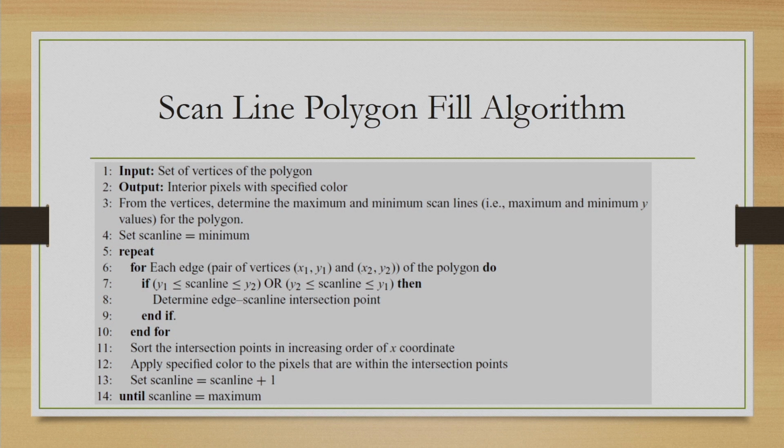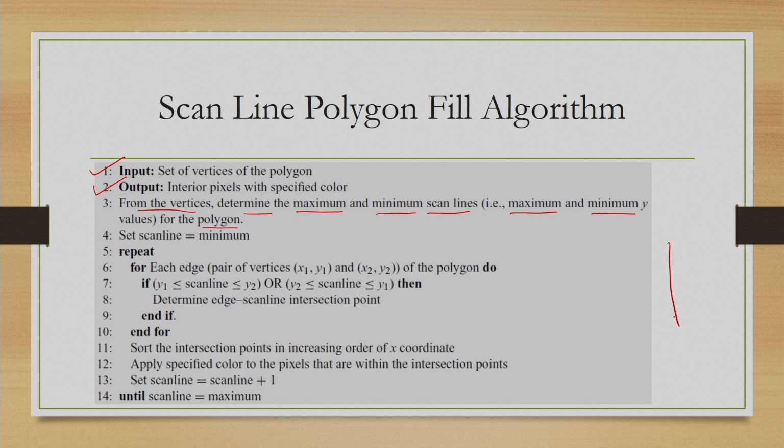We will first discuss the algorithm and then try to understand it in terms of an illustrative example. So, here the input is set of vertices and the output is the pixels, interior pixels with specified color. From the vertices, what we do is determine the maximum and minimum scan lines. That means the maximum and minimum y values for the polygon.